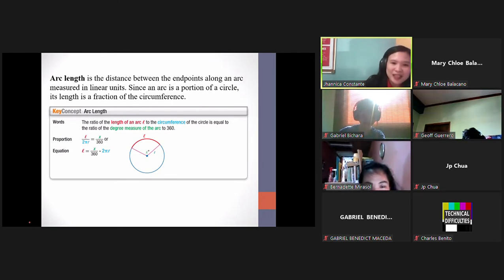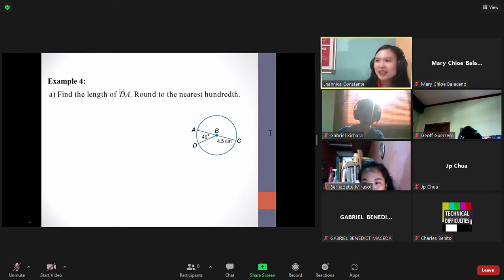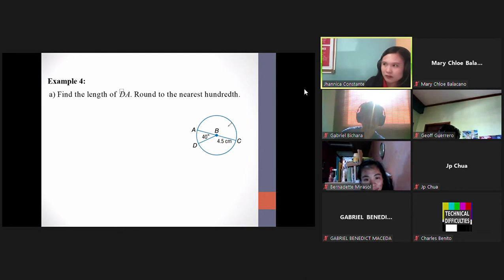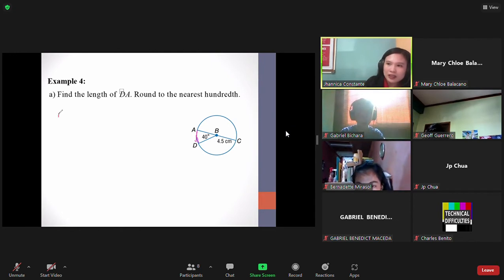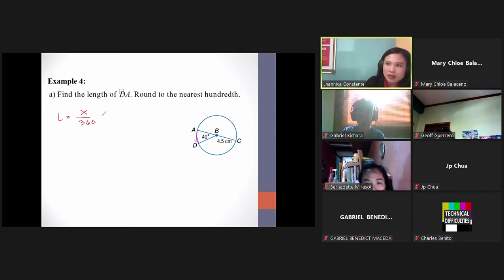For example, we have this circle and we're going to find the length of the arc DA. So formula for the length of the arc is equal to the measurement of central angle divided by 360 times 2 pi r. So the angle that we're going to solve for the arc of DA is 40 degrees.